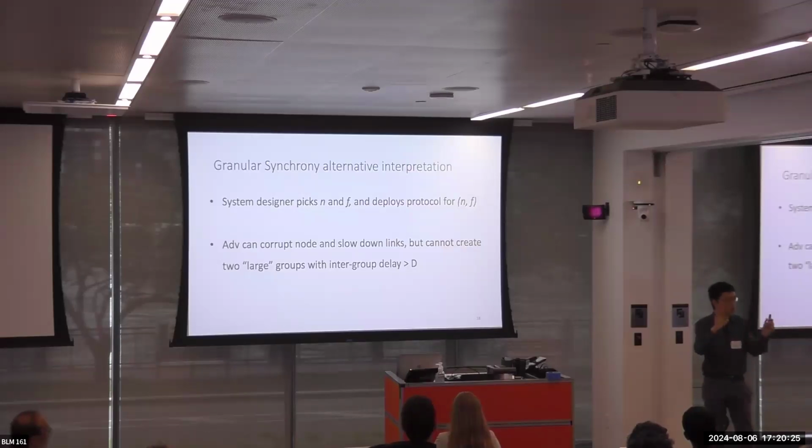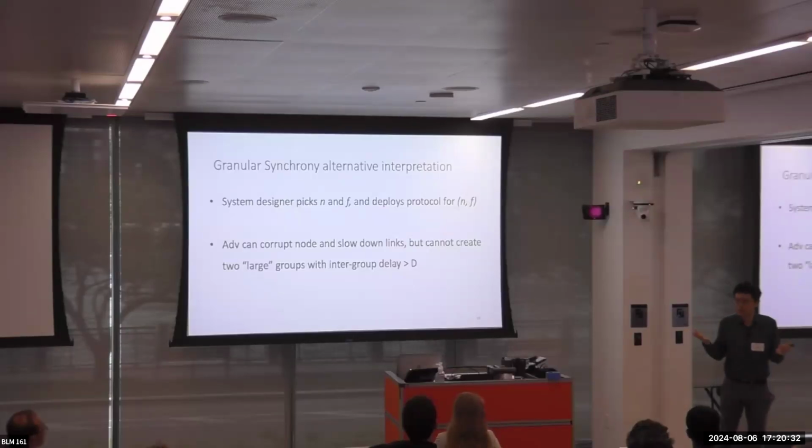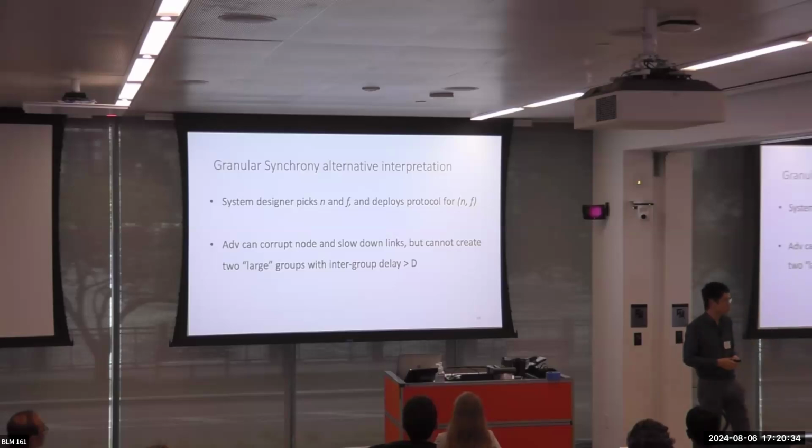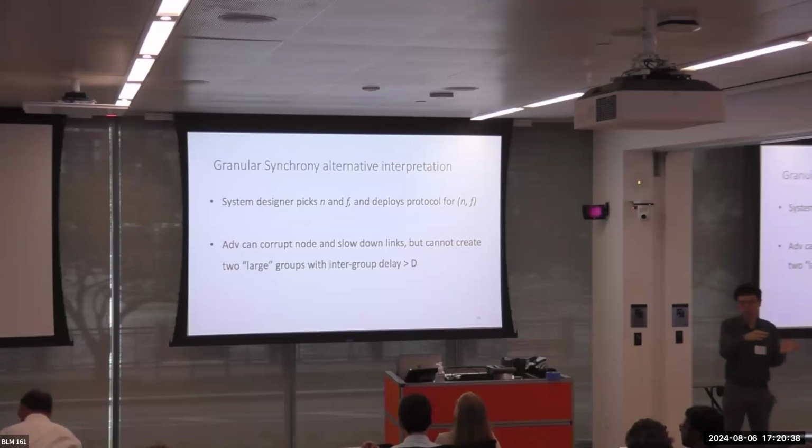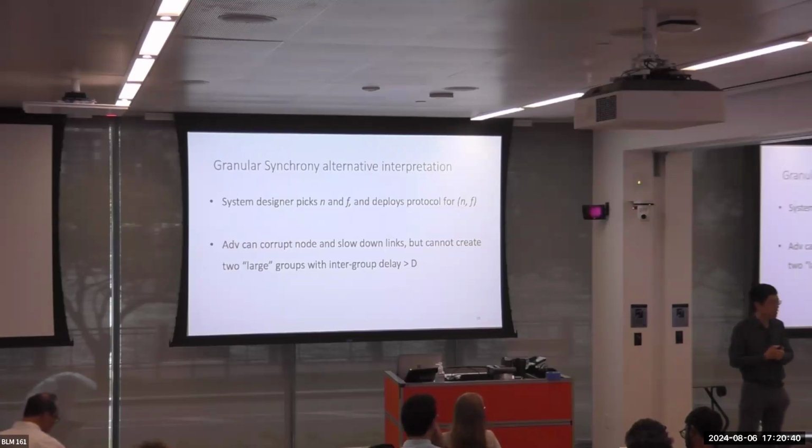We'll just assume that's the case. If the assumption holds, great, our protocol works. If it doesn't hold, then we're screwed. But that's the best we could have done. There's nothing that could have saved us anyway. So I would argue that we're not in a much worse position than we're currently in.